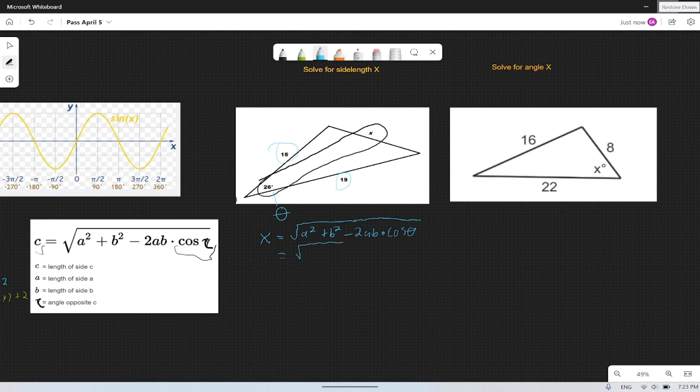So that would equal the square root of 15 squared plus 19 squared minus 2 times 15 times 19 cos of the angle theta, which is 26 degrees. Make sure that your calculator is in degrees mode if it is in degrees. I'm just going to put this entire thing into my calculator.